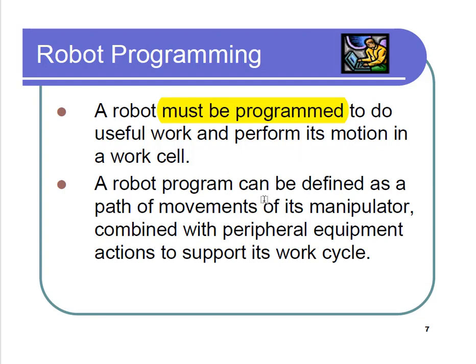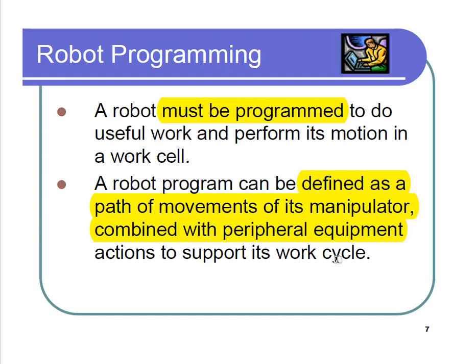A robot program can be defined as a path of movement of its manipulator combined with peripheral equipment actions to support its work cycle. In this case, the robot arm needs to be moved around using its manipulator, motor and so on, and then it has a movement path.